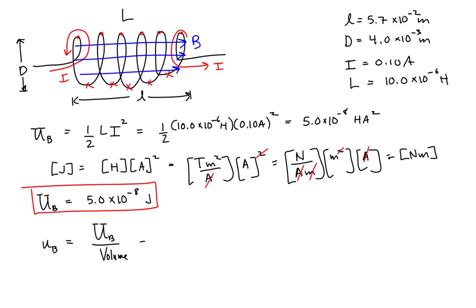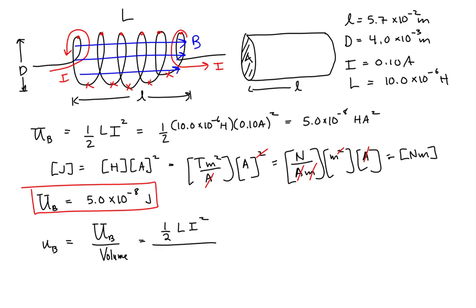But if we go back to basics, we could say that the potential energy is just equal to 1/2 Li squared, which we have all of those parameters, and then this is going to be divided by the volume of the solenoid. Well, the solenoid occupies a volume equal to a volume of a cylinder of radius A and length L.